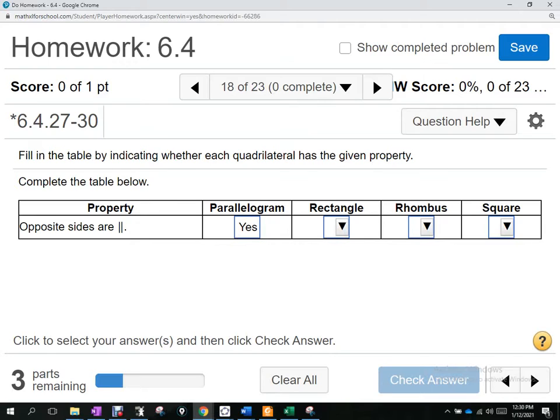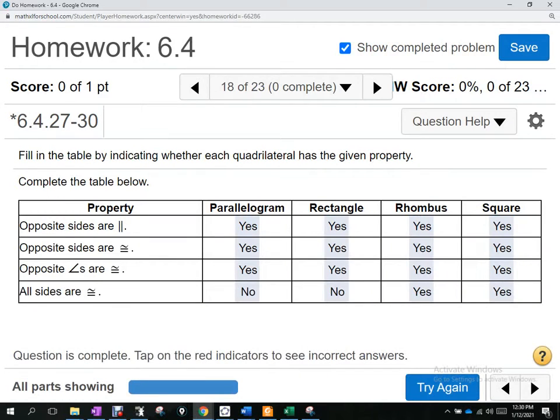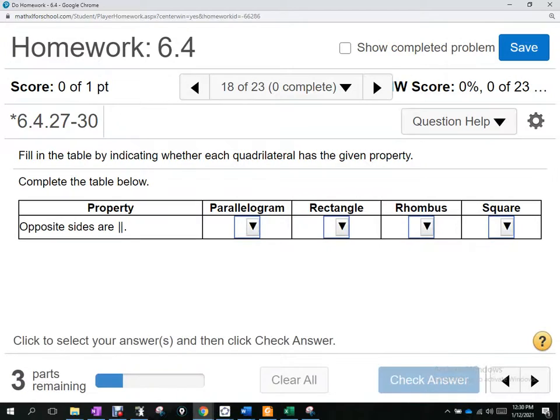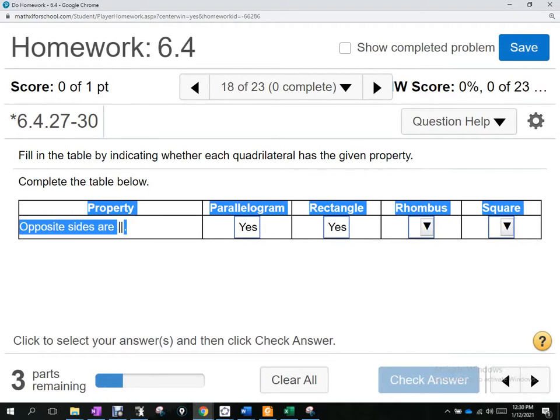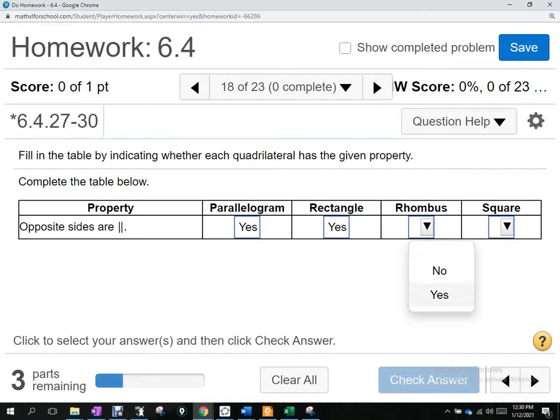Why? Because all of these are parallelograms. So if it was a yes here, then it's got to be a yes for all of these. So yes for all of them, we'll check answer.